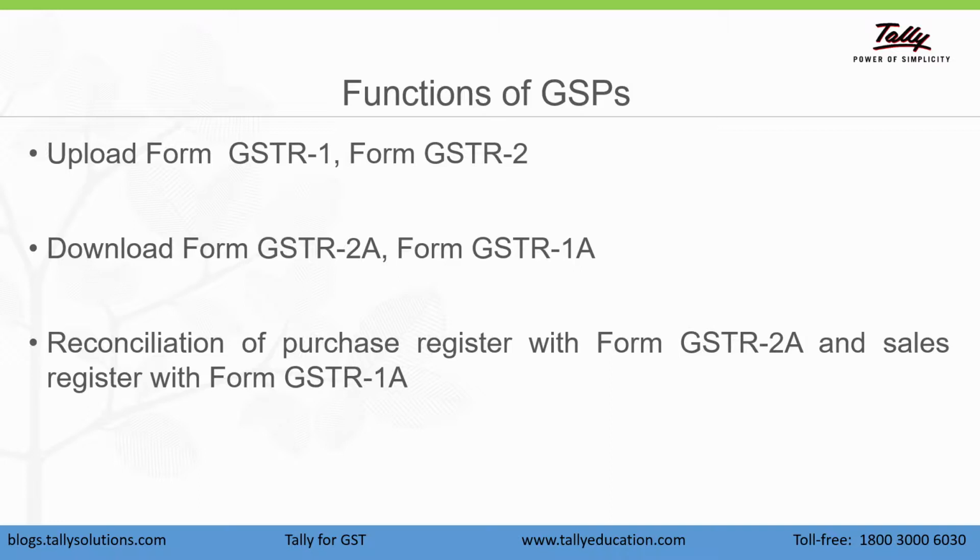Upon receiving Form GSTR2A and Form GSTR1A, GSPs will assist taxpayers to reconcile their purchase register with Form GSTR2A and sales register with Form GSTR1A to identify any discrepancies. On the basis of their final details of outward supplies and inward supplies in a month, GSPs will assist taxpayers to file Form GSTR 3, which is the final return for the month.